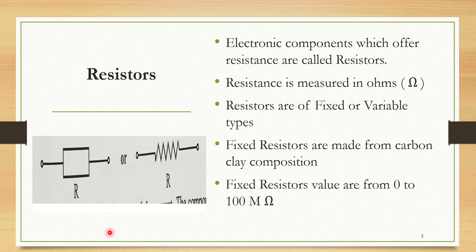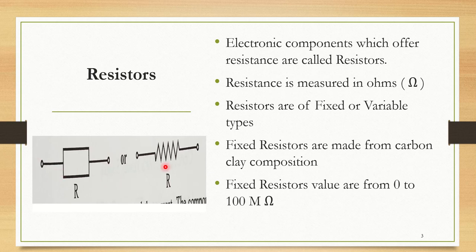Now first we will see resistors. What are resistors? Resistors give you resistance in current supply. Electronic components which offer resistance are called resistors. It looks like this. These are the two poles of the resistance, and it can be represented like this symbol.